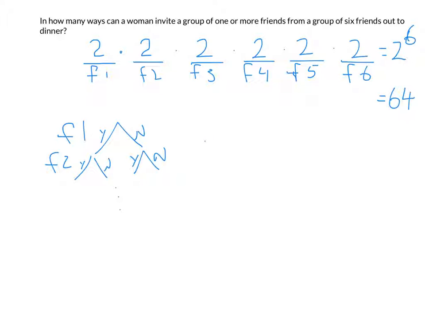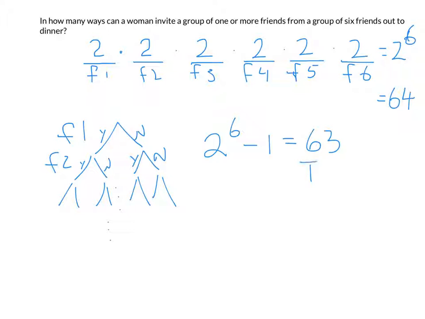So what this problem is, 2 to the 6th minus 1, is all the paths through this tree. Once again, off of each one of these you get this, and so on. So there's 64 minus 1 paths through there, or 63 paths through there.